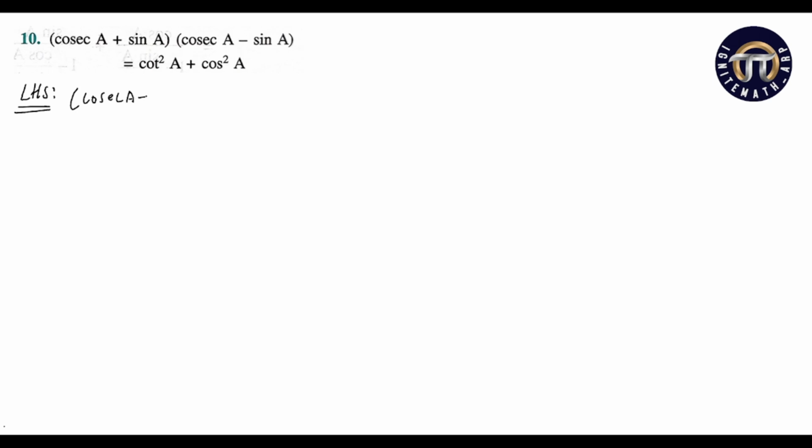LHS is (cosec A plus sin A) (cosec A minus sin A), which looks like the identity (A plus B)(A minus B) is equal to A square minus B square. This is the identity. So here I can write this one as cosecant square A minus sin square A. Correct, children?